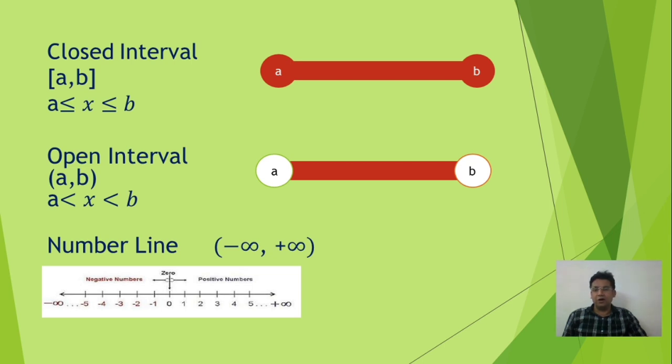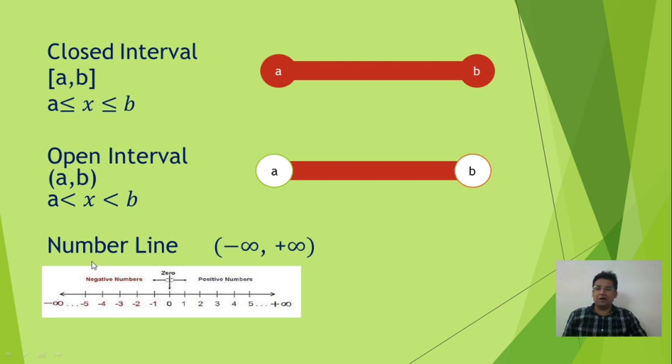And in an open interval we use round brackets. It excludes both A and B. A and B are not included in the open interval. All the real numbers between A and B are included, and we use round brackets in the case of an open interval, and the sign is a less than x less than b.